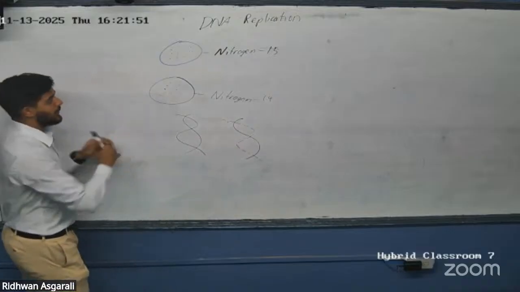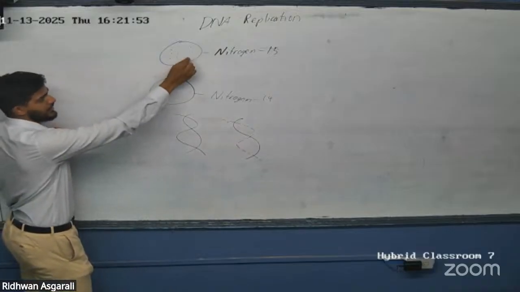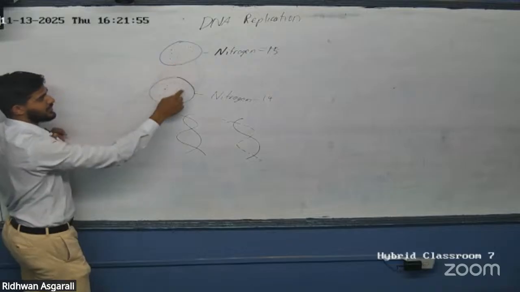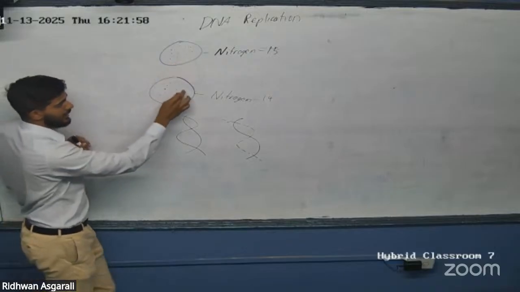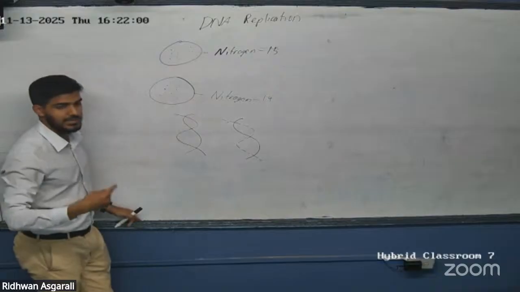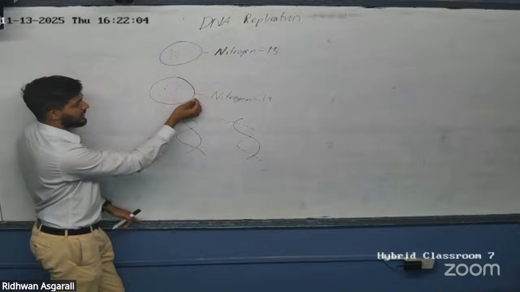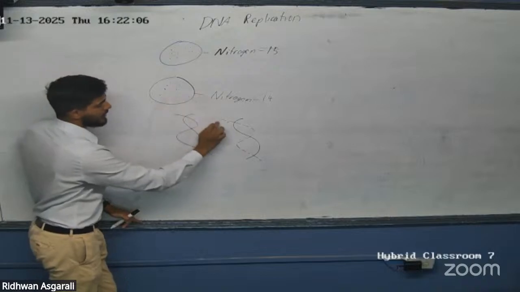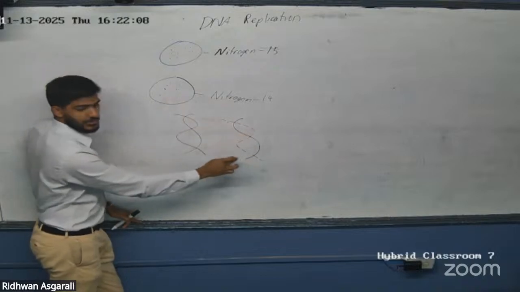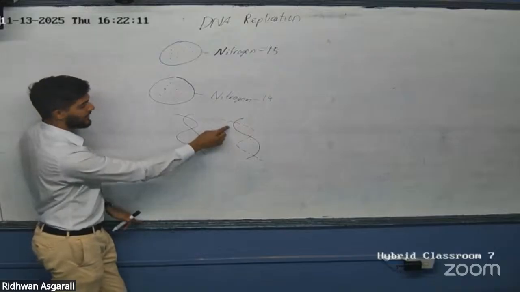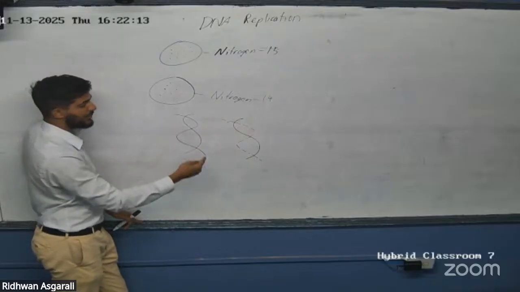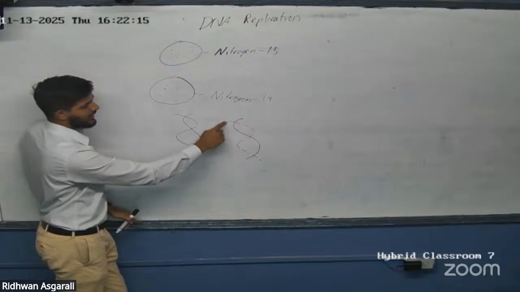Because they took the E. coli from this plate and put it on this plate, when it was time to copy their DNA, they took nitrogen from this plate. So only one of these strands had nitrogen 14. Remember, it originally started off like this. When they replicate, they start to replicate with nitrogen 14.